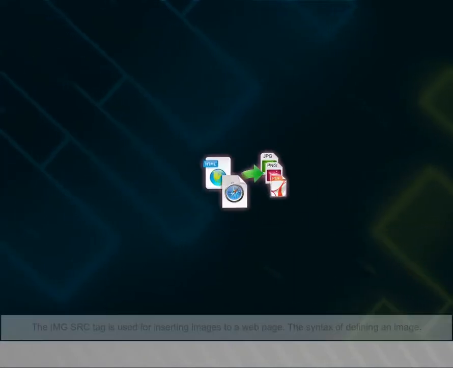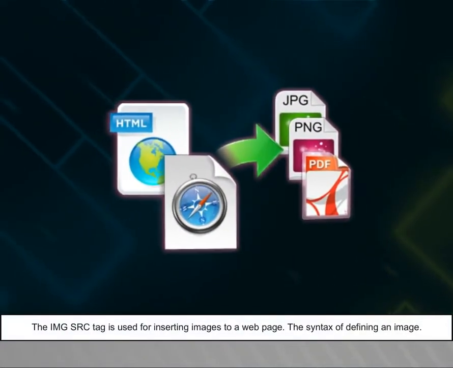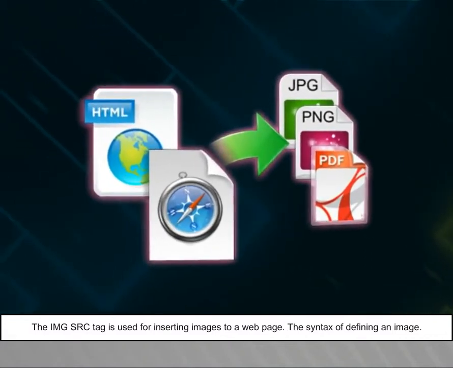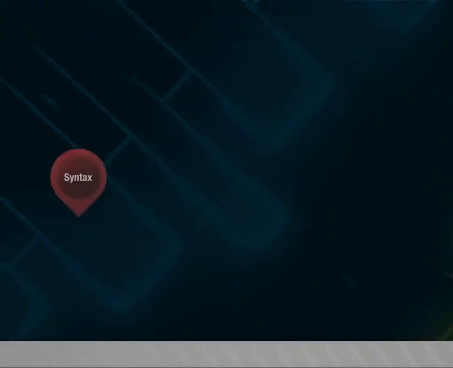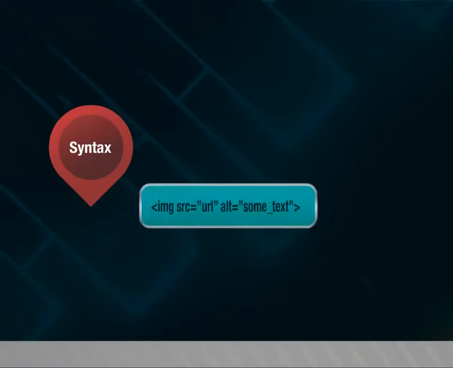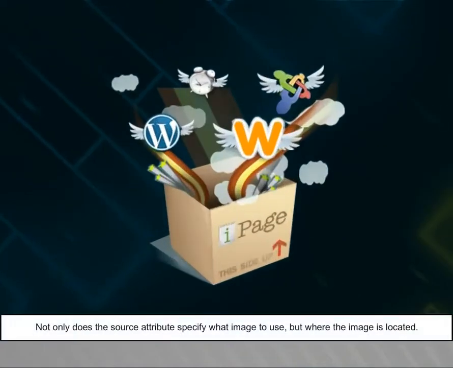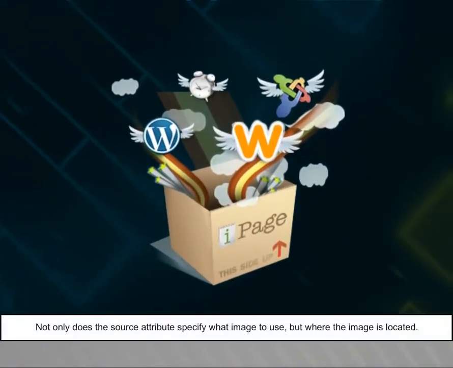The image SRC tag is used for inserting images to a web page. The syntax of defining an image. Syntax. Not only does the source attribute specify what image to use, but where the image is located.